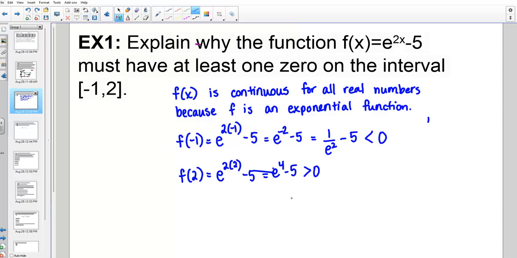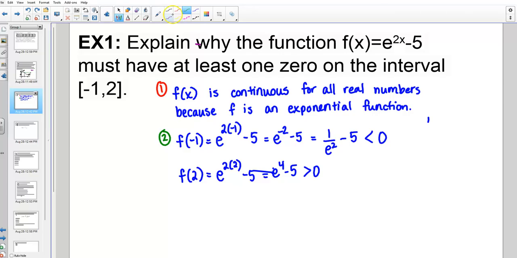So while you may not be able to find out the exact values, you know whether this is greater than or equal to 0. So I really probably should do this. This is your first step. You got to do continuity. Your second step here is to find the values of the function at those endpoints.